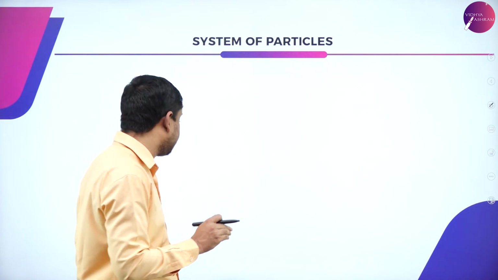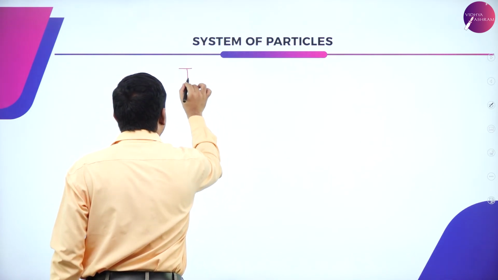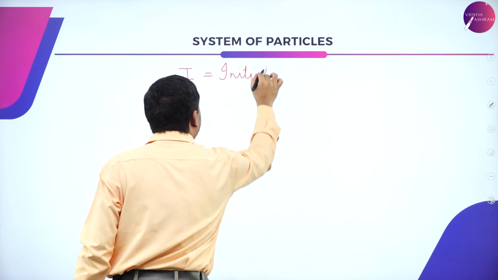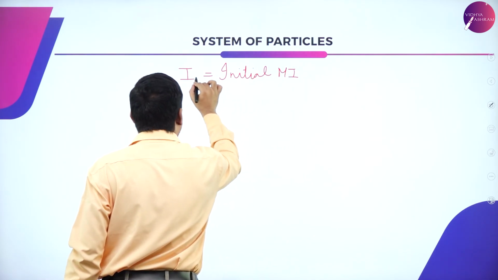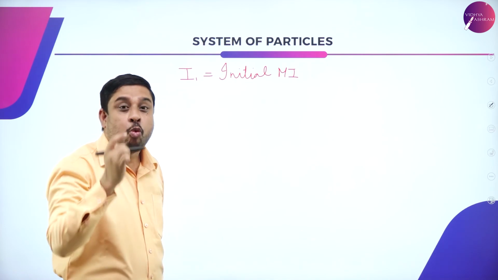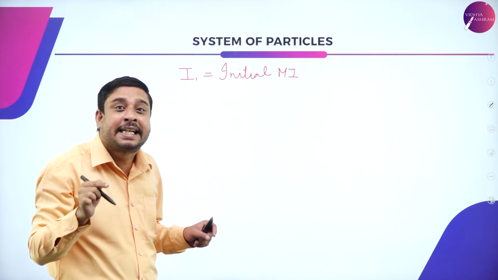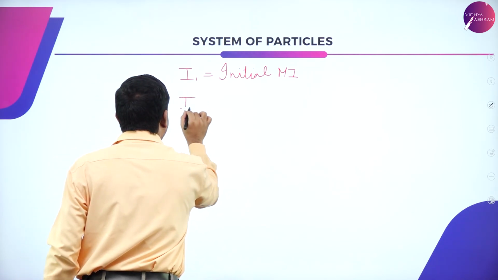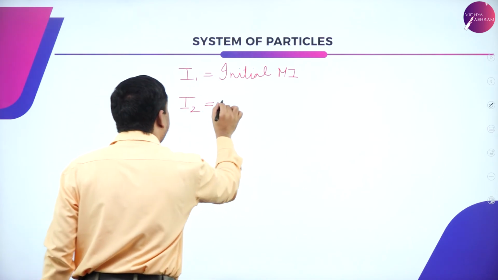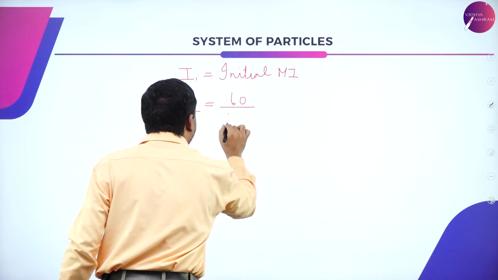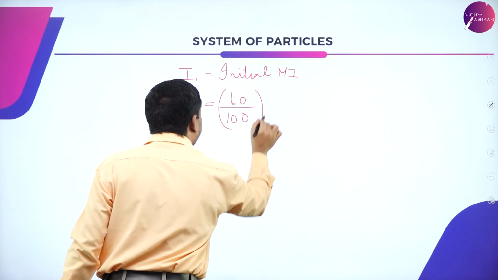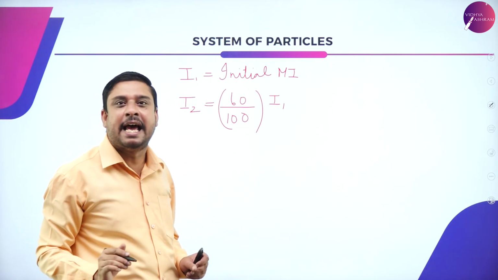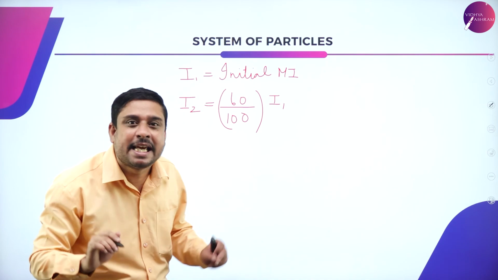See, in this case, I1 is the initial moment of inertia. What is I2? It decreases by 40% of I1, so I2 is nothing but 60 by 100 of I1. Why? 40% has decreased, what is retained is 60%.